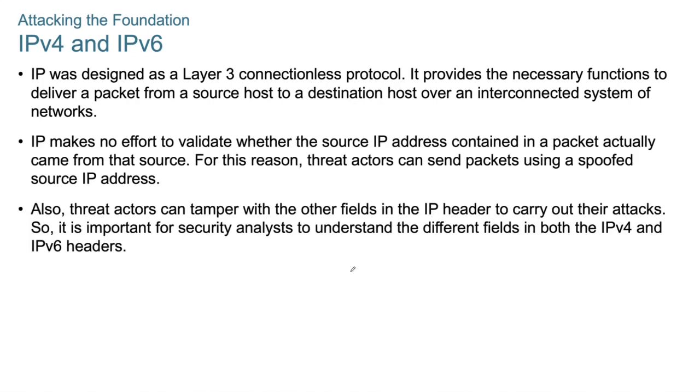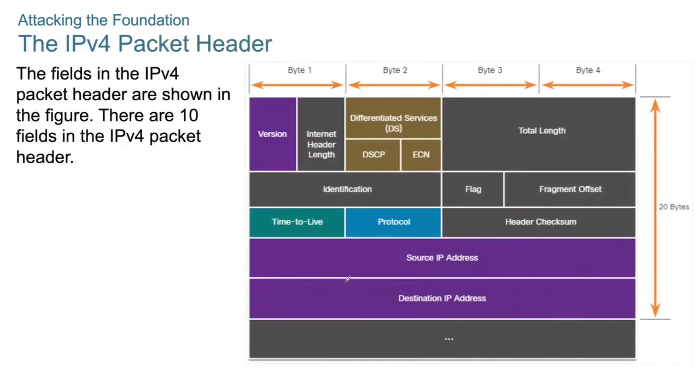For any threat actor, as we said, it does not establish any connection, is one reason. Another one is that systems in the network don't validate these IP addresses or IP packets. So we'll see the header fields of the TCP/IP version 4 packets.